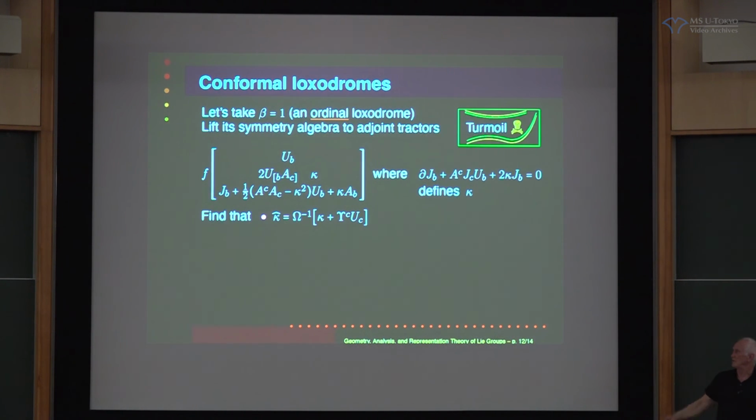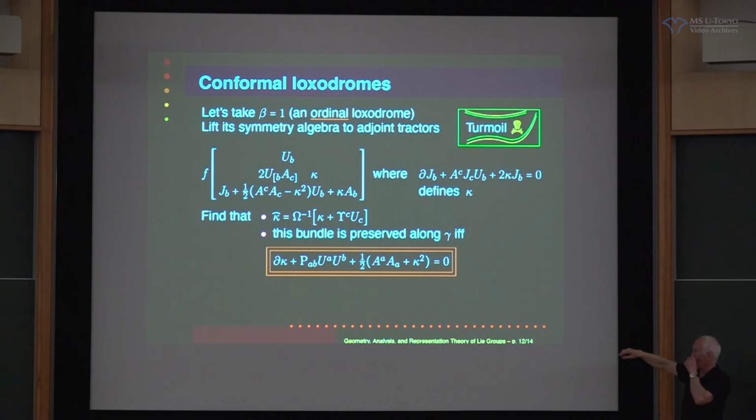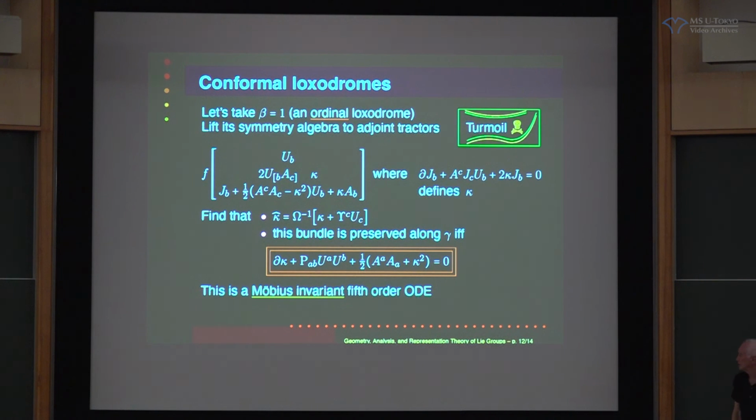And you find that the gadget that you get here, kappa, is almost invariant, but with this thing here you then get a Möbius invariant equation. This Möbius invariant equation looks like that, but it involves derivatives of derivatives of derivatives of acceleration. So this is a 5th order ODE.